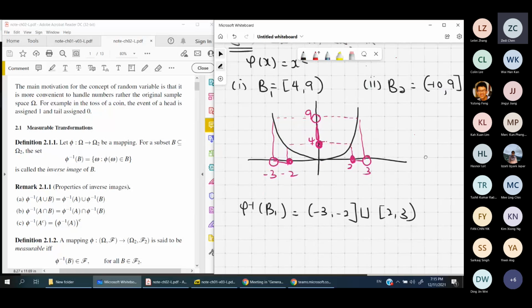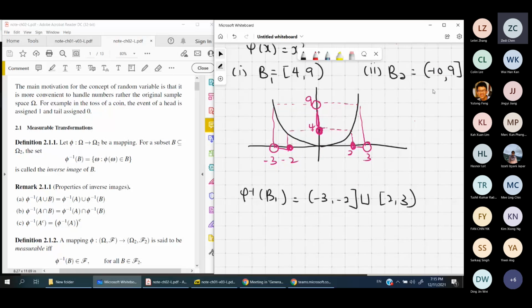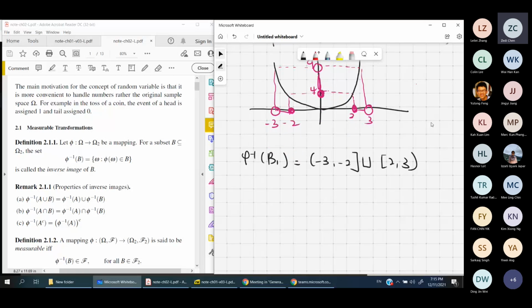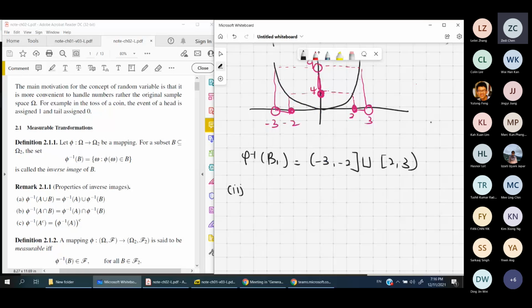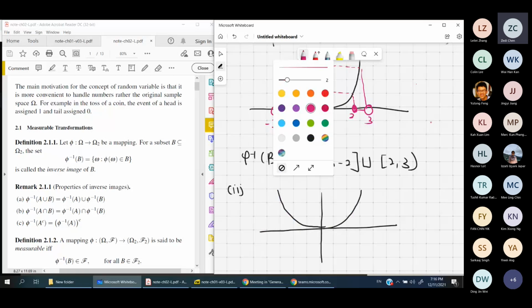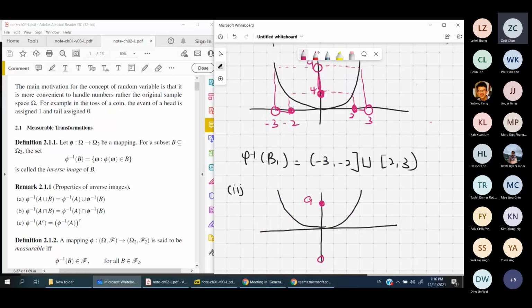So for the second case, when B2 is -10 to 9, okay, again, we can draw the picture. So again, we look at the graph here. -10 to 9. So again, including 9, excluding -10. So this is the case here.